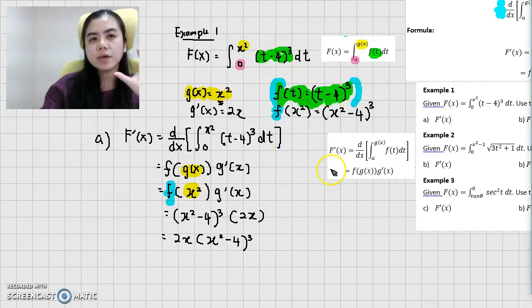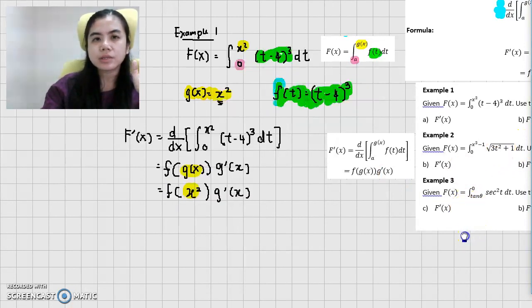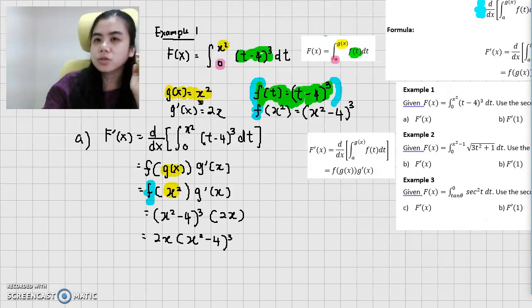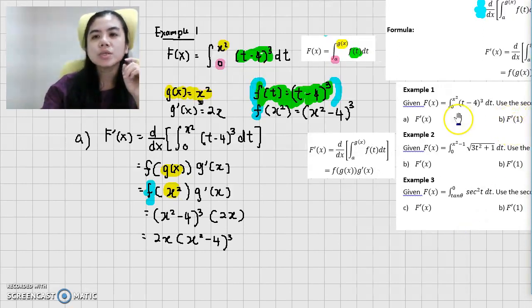After we have done part A, let's also get part B. Let's look back at the question itself. Once you get the answer for part A, that is capital F prime, they ask you to find the answer of F prime of 1.